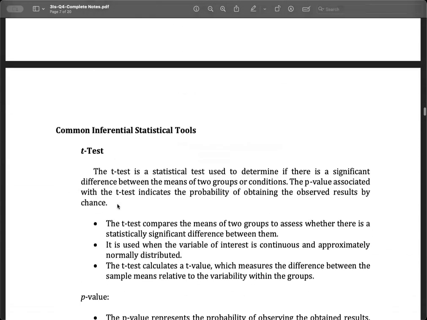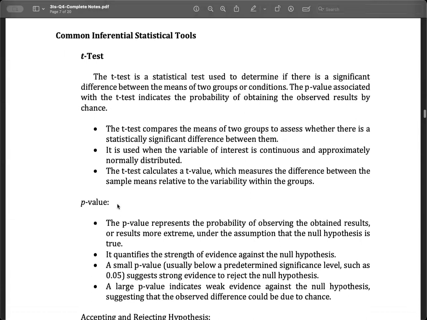Okay, so I guess we are now ready to learn about the common inferential statistical tools. What we'll be presenting in your class are parametric statistical tools. So this means, if you can still remember from our previous lesson, parametric statistical tests need you to fully satisfy three assumptions.